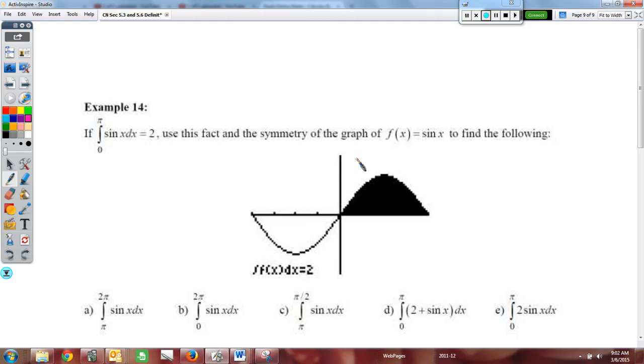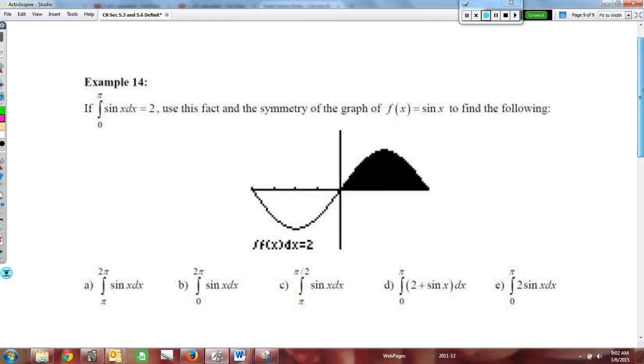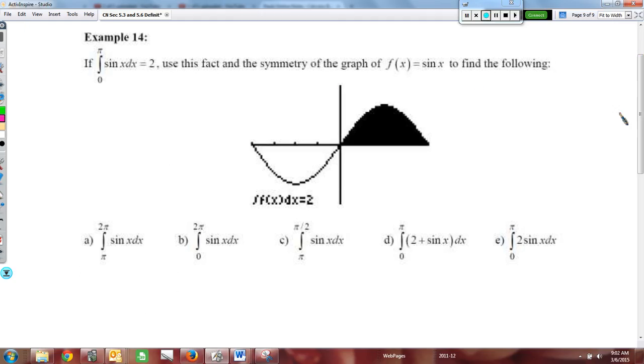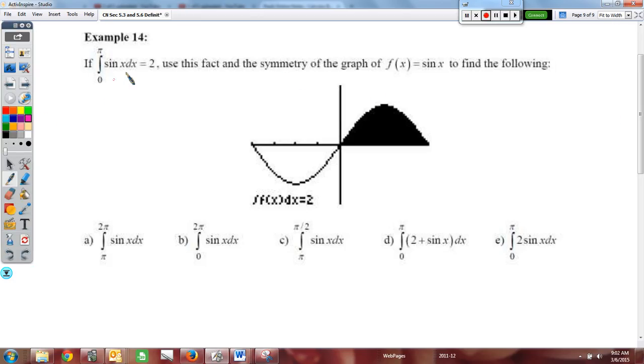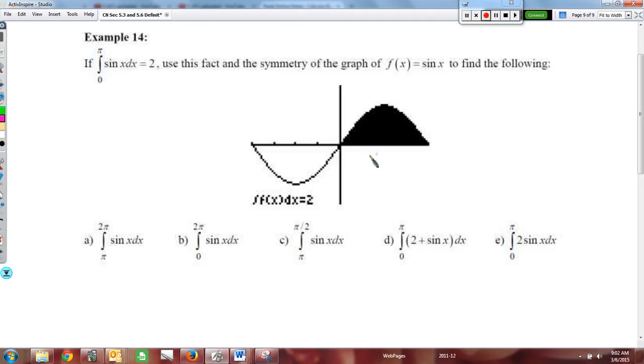All right, so in this one, this is another idea of using given information in order to calculate things, and the fact that there's symmetry. Now, they're giving me here that the integral from 0 to pi, and this is your sine graph, so you should know your values here.